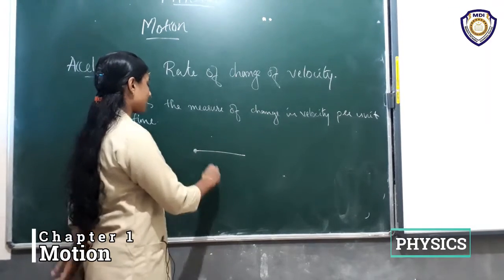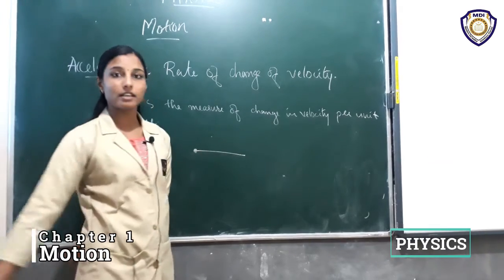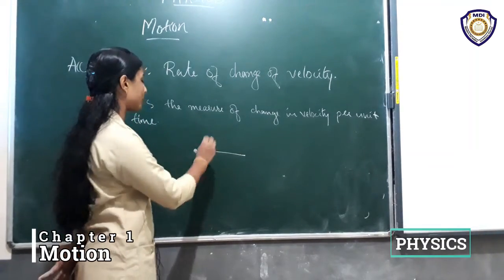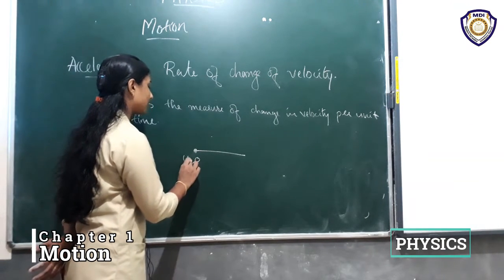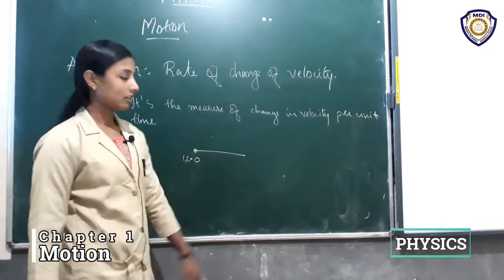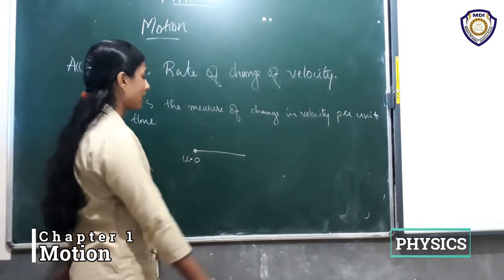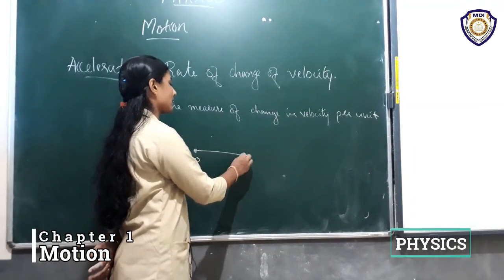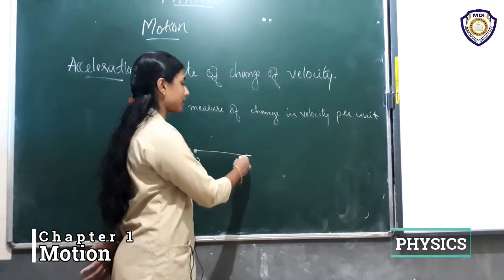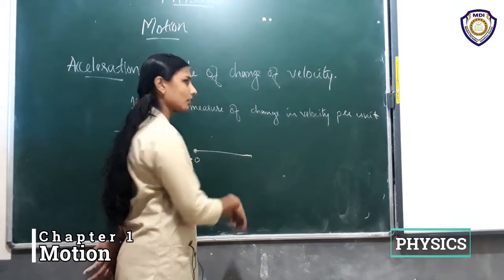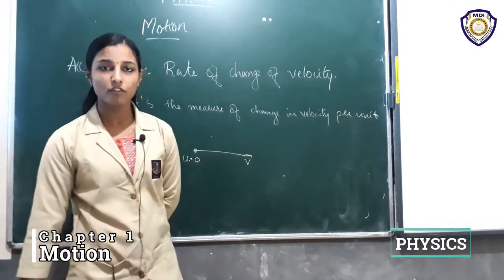So the initial velocity of the object is 0. We can represent initial velocity by the letter u, right? And it has some displacement, and after some time it has a velocity, and the final velocity may be represented by v, right?